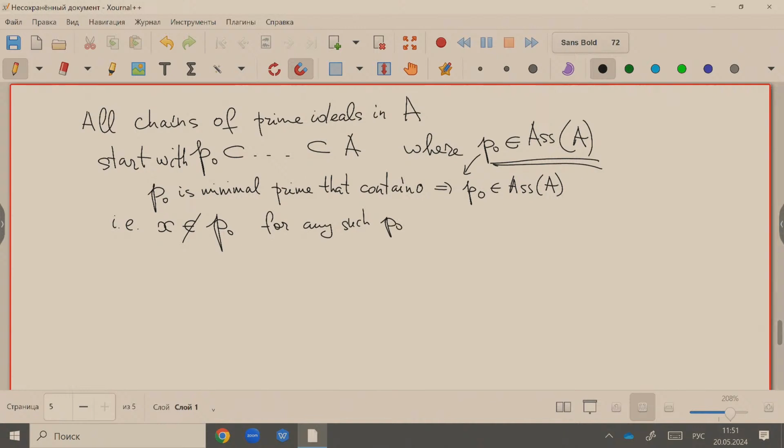This implies that the dimension of A modulo x is decreased.